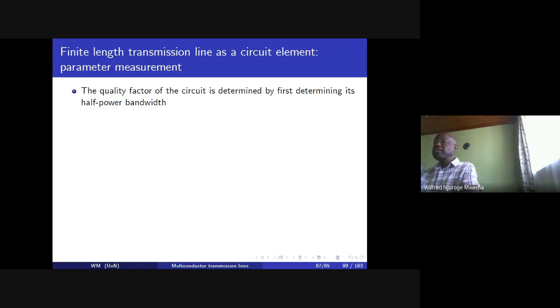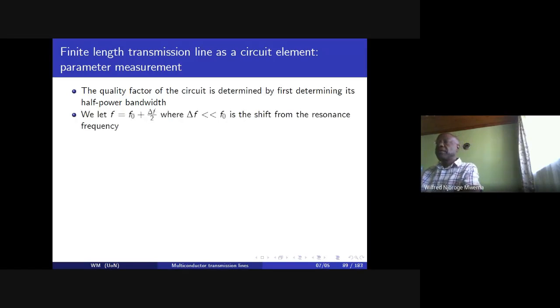So the quality factor of the circuit, that is the Q of the circuit, is usually determined by first determining its half power bandwidth. Now, suppose we operate the circuit at a frequency f given by a center frequency f0 offset by a value delta f divided by 2, where delta f is assumed to be much smaller than f0, a shift from the resonance frequency.